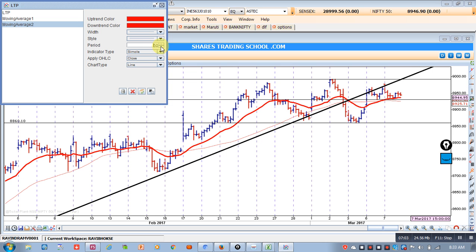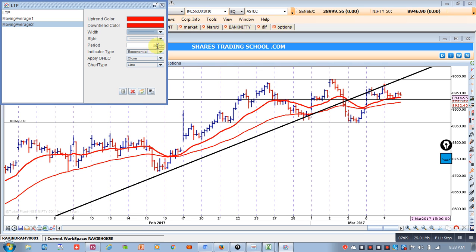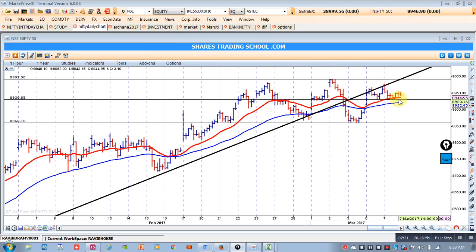So once that 8,900 breaches, then 8,922, we can see there is a 50 EMA. So we should wait for 8,900 to 922 to breach, rather than enter a short too quickly once 8,930 breaches, because there is a quick support of just 8 points below that accumulation.